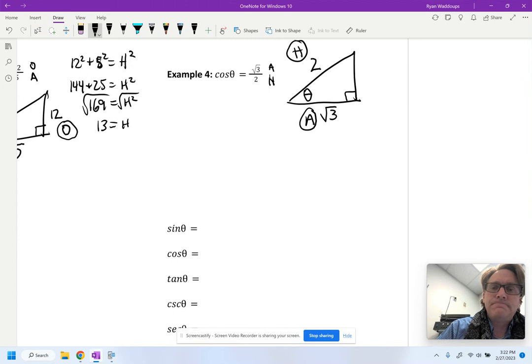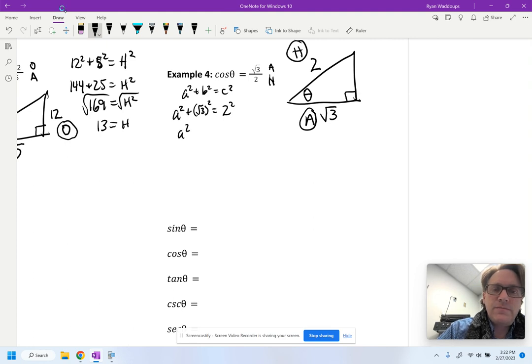So I say a squared plus b squared equals c squared. But this time we know the hypotenuse. And so it's 2 squared is equal to a squared plus the square root of 3 squared. So then what do we got?